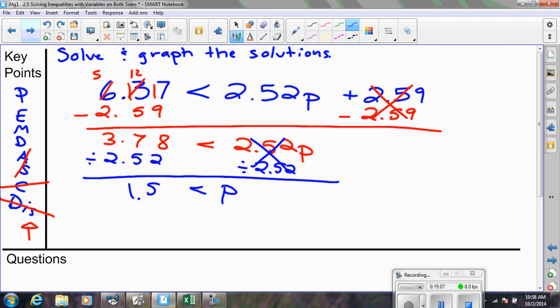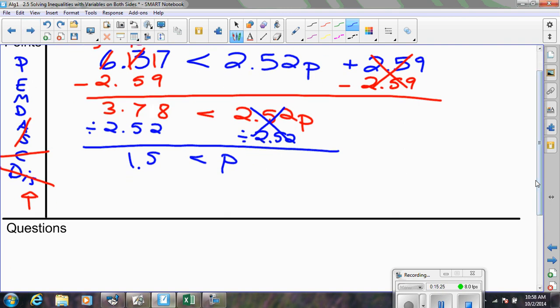But here's the part I'd like you to take a look at, Jerry. What do we got to do for this one? This is a piece that in the most recent homework people were making errors on. So I want to point this out because it's something that was tripping people up. Jerica, you correctly identified that we're going to flip it so that we'd have P written on the left.